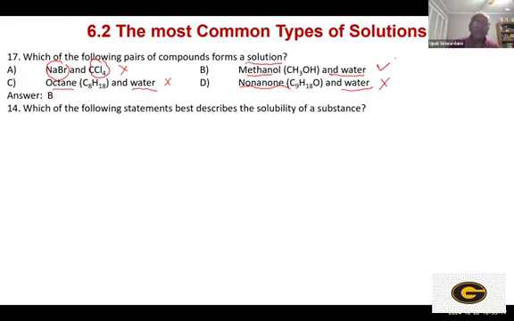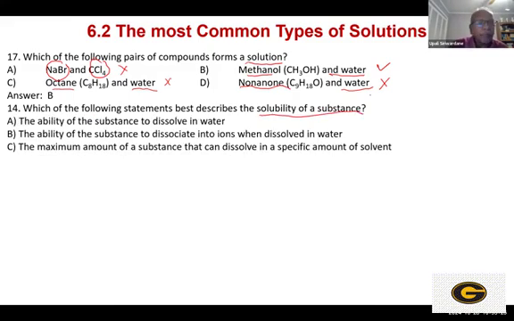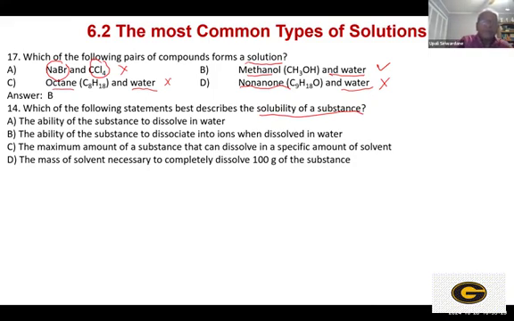Which of the following statements best describes the solubility of a substance? The ability of the substance to dissolve in water seems to be correct. The ability of a substance to dissociate into ions when dissolved in water, that's true, they break up into ions. The maximum amount of substance that can be dissolved in a specific amount of solvent, that's the solubility.